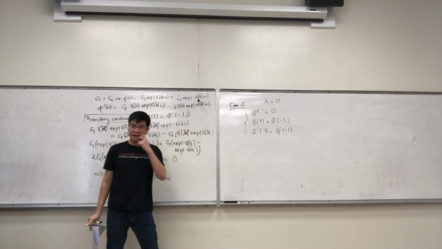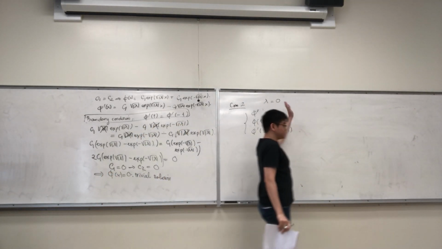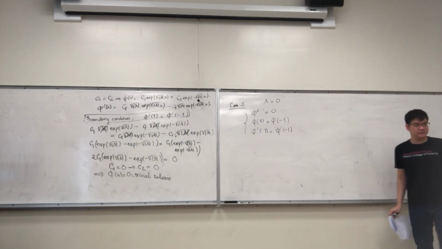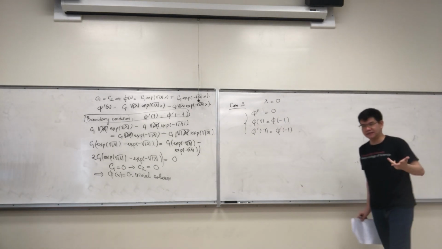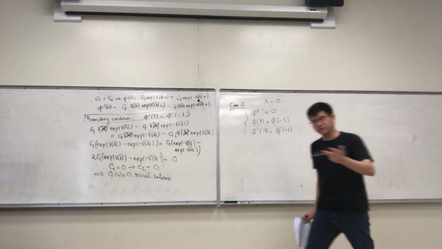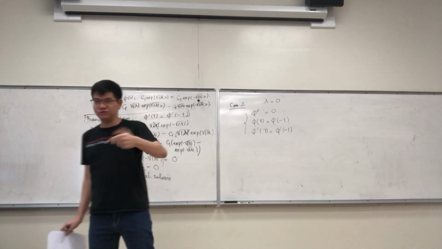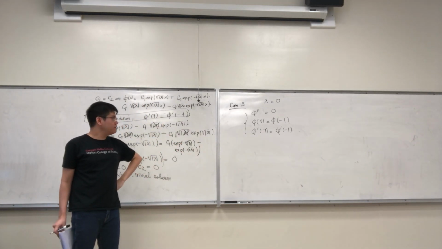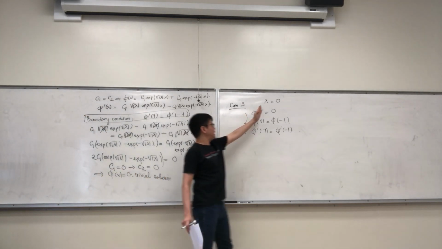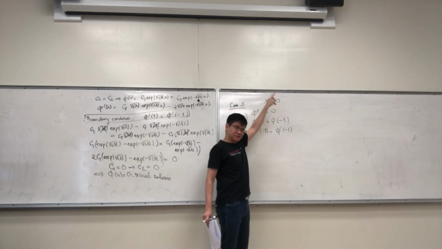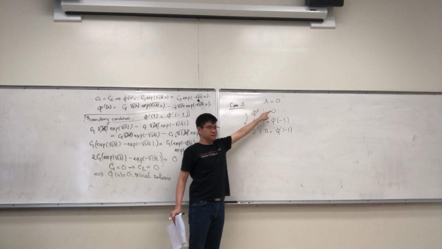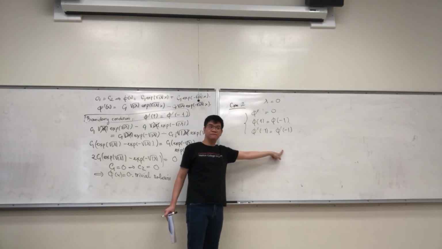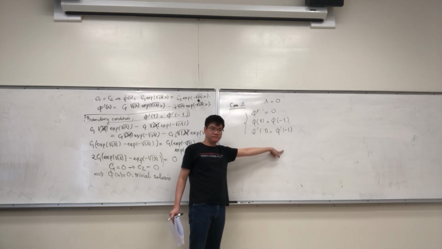Alright? So the case when lambda is 0 is easy, but it doesn't give a solution which is 0. So in this case, you still have an eigenvalue and an eigenfunction. So second case, lambda is 0: you have phi second is 0 with the same boundary conditions. Questions? Is it clear?